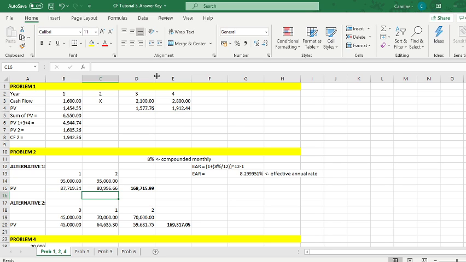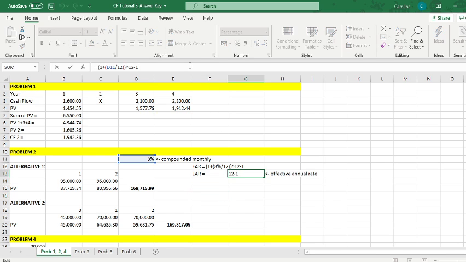Meanwhile the present value of the second year cash flow is 80,996.66. You sum these present values up, and you find the present value for alternative one is 168,715.99.